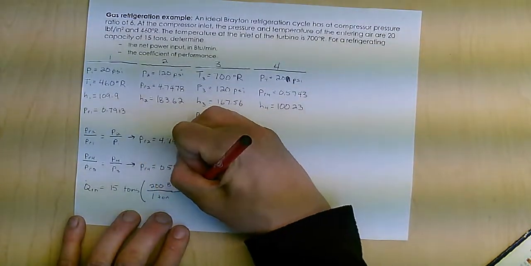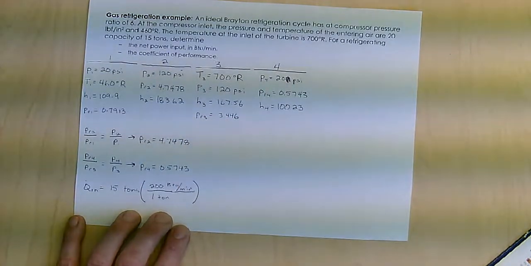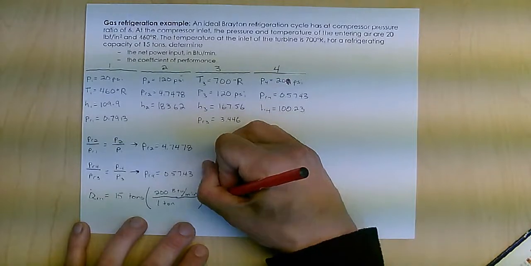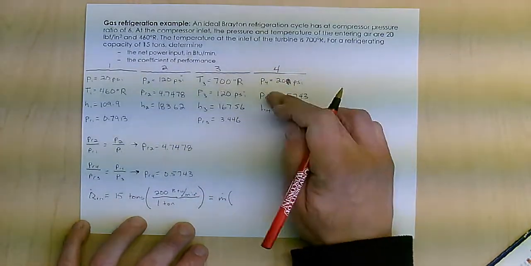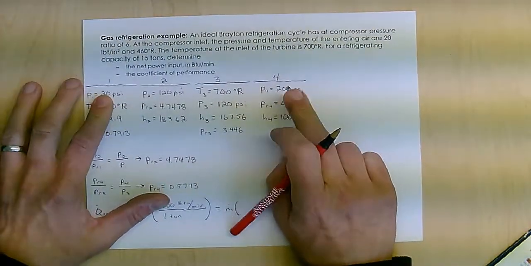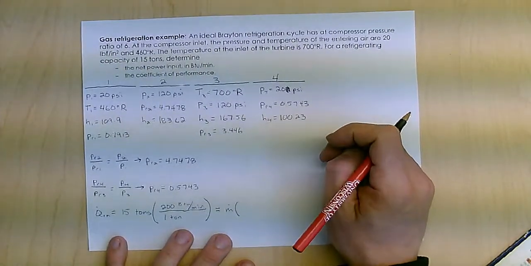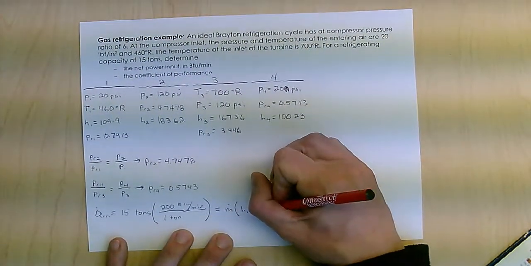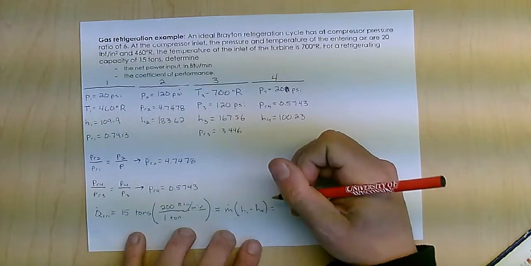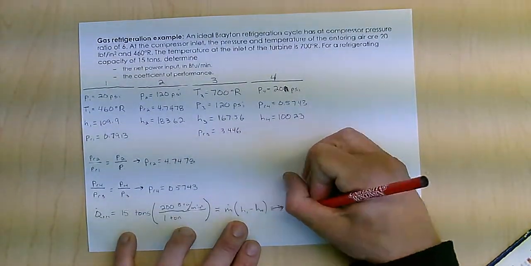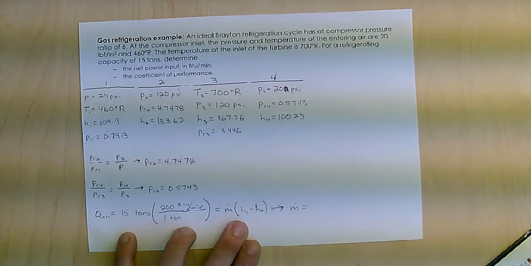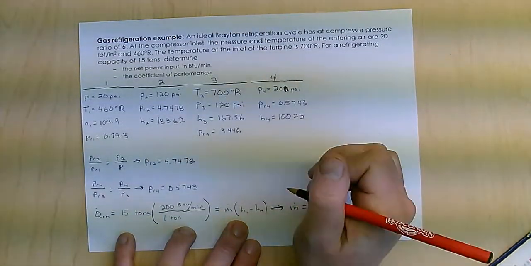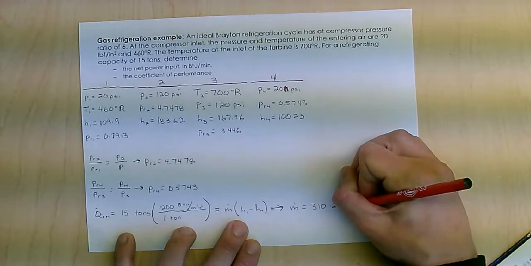That's the conversion factor. So I can get that in BTUs per minute. That's going to equal the mass flow rate times, across 4 to 1 here at the cold temperature, H1 minus H4. That gives me a mass flow rate of 310.24 pounds per minute.